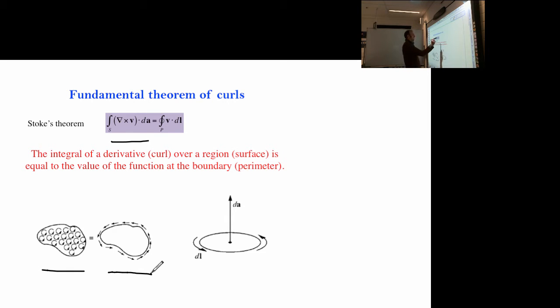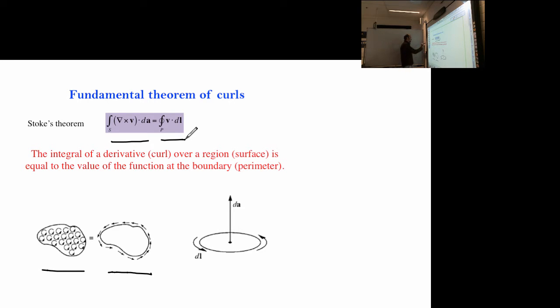And that's given by the dot product of our vector with the infinitesimal displacement vector integrated around that path. Okay, so here in the above equation, dA is our infinitesimal area element and dl is our infinitesimal displacement vector.